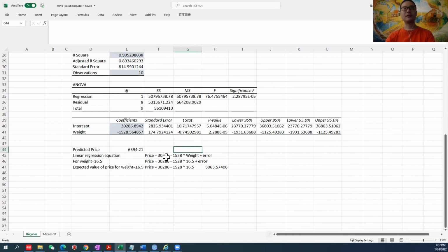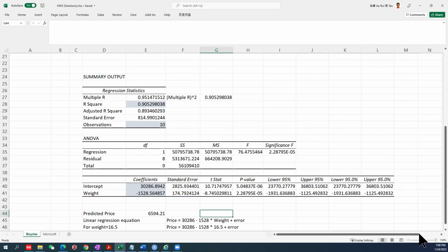Yes, sure. Usually when you report an equation, it's potentially in the appendix of any data analysis report. Usually you don't put it in the text. You want to be very clear about what any symbols like X and Y represent. Here we don't have to go through that extra procedure. We are very clear saying that the dependent variable is price and the independent variable is weight if we formulate it in this way.